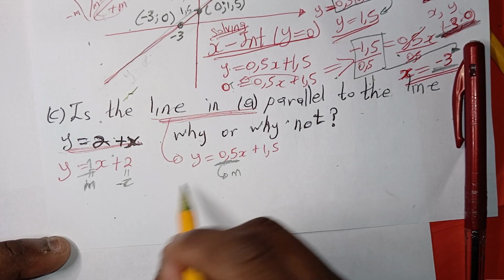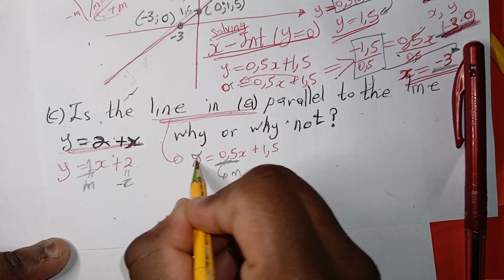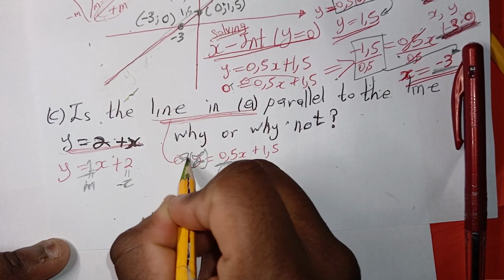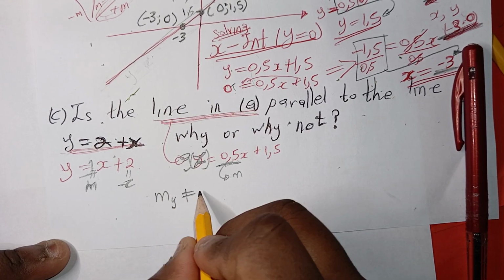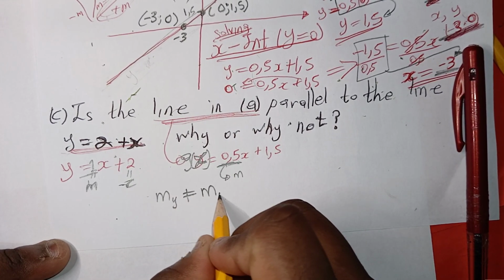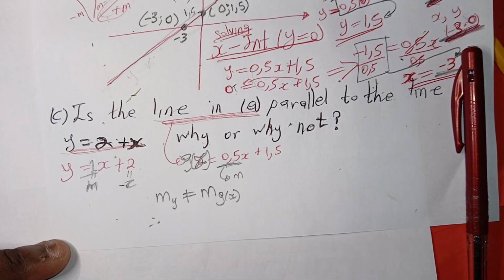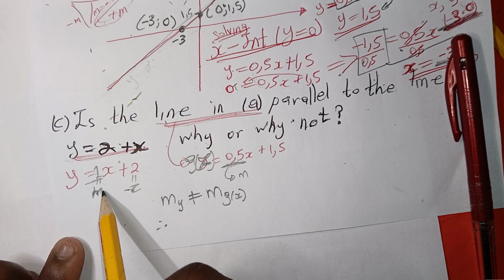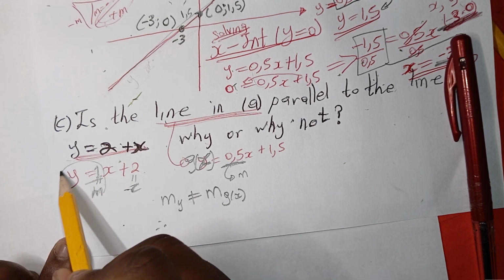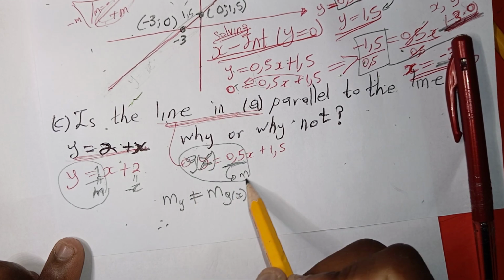So the gradient of this line, let me name it g of x. Yeah, this one is g of x. So I can say the gradient of y is not equal to the gradient of g of x. So you can say, therefore, as you can see, the gradient of this is not equal to the gradient of that one.